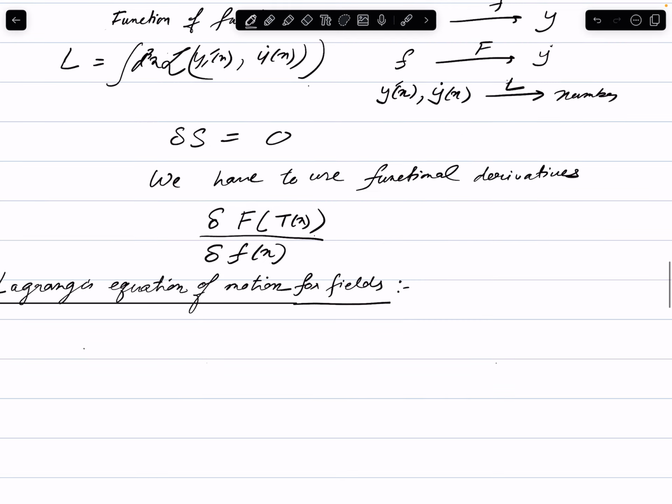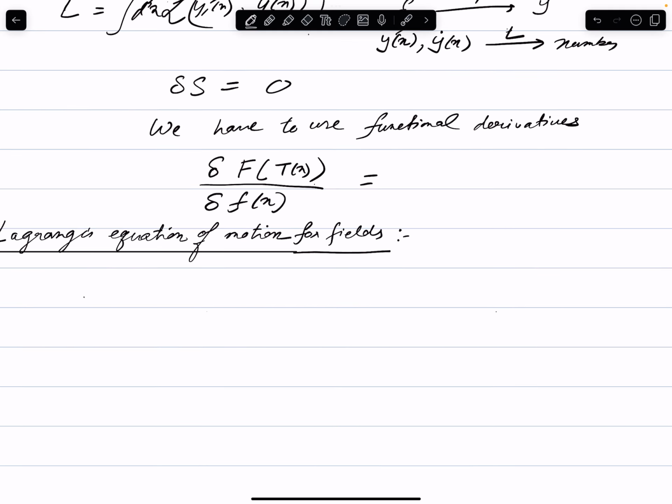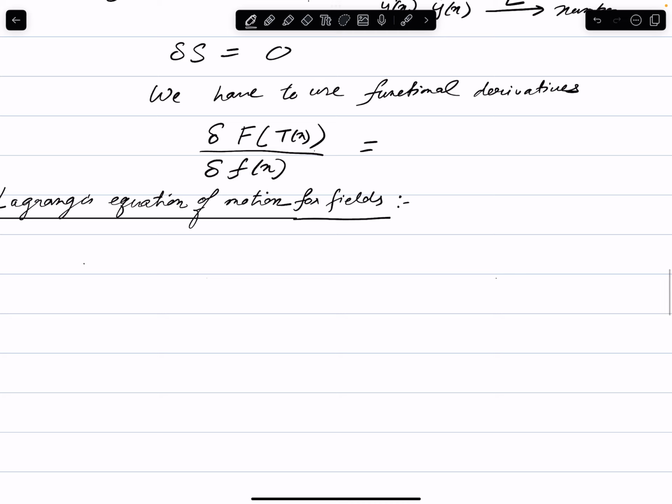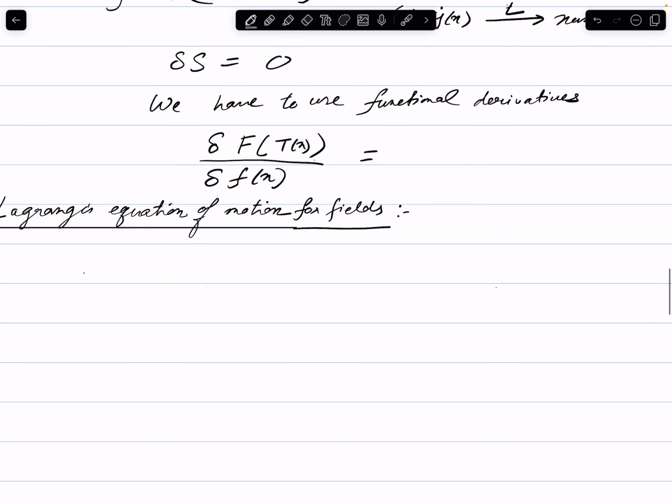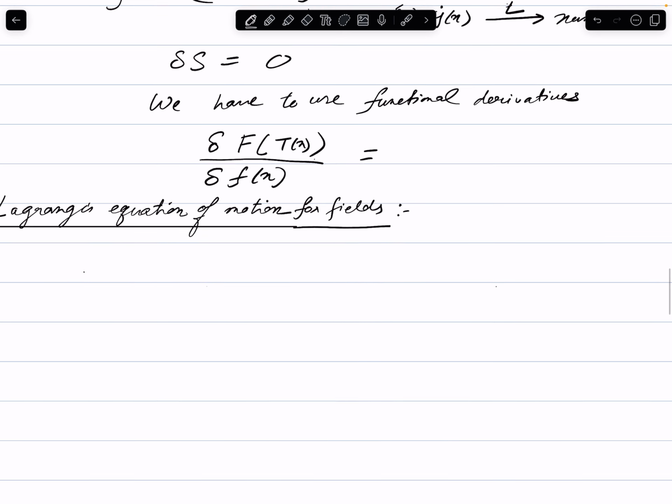So that has some definition, which we will not go into. And so the final answer is, if we were taking only one variable, it would be a chain of derivatives, but we are not taking a derivative with one variable, we are taking a derivative also with a function.